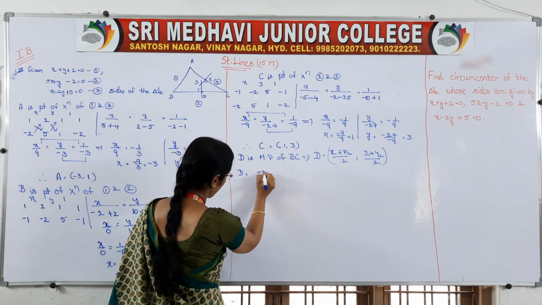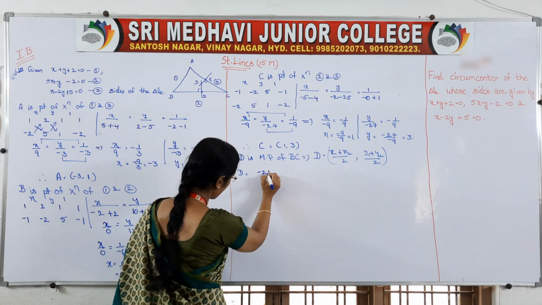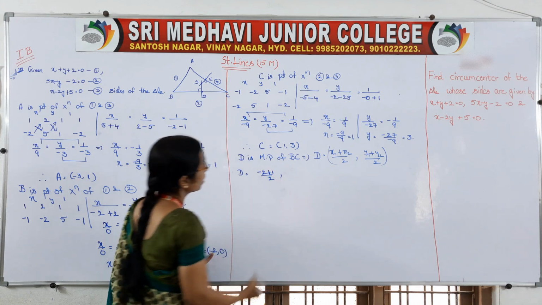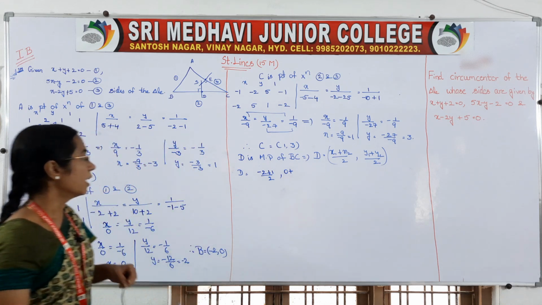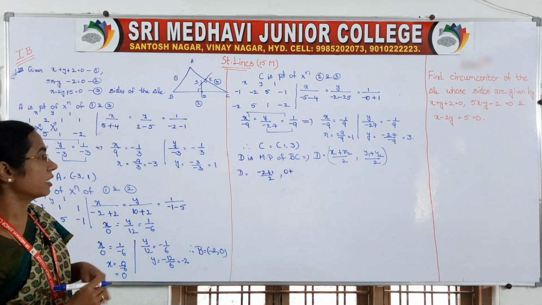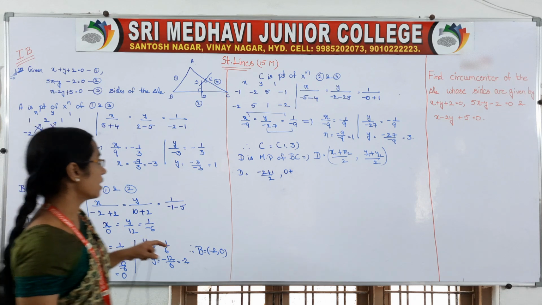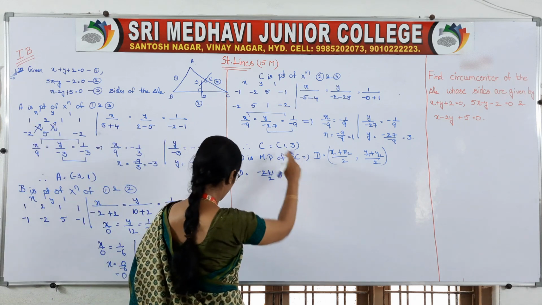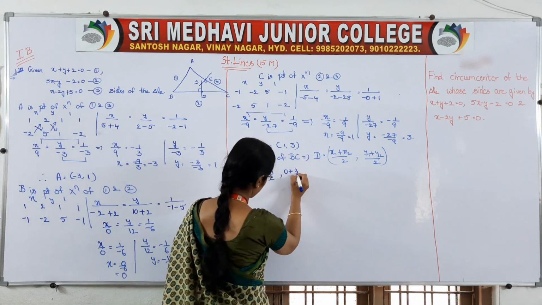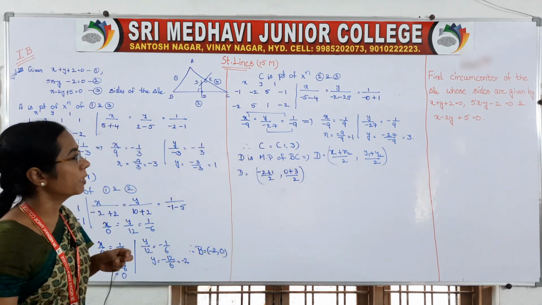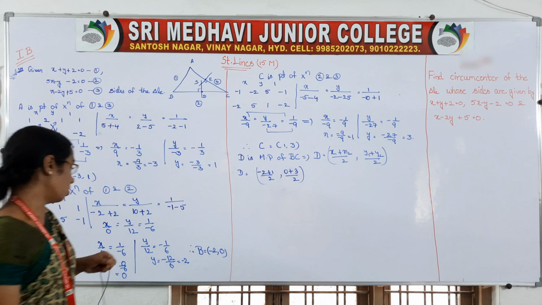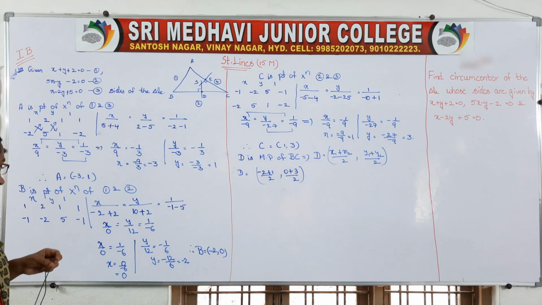So minus 2 plus 1 by 2 and 0 plus 3 by 2. This is your midpoint.